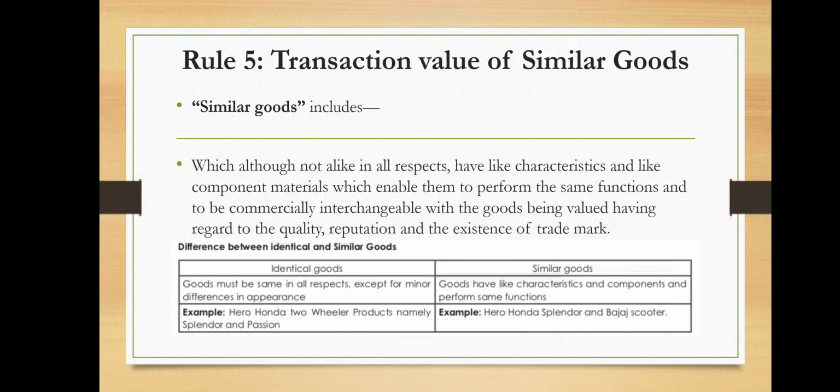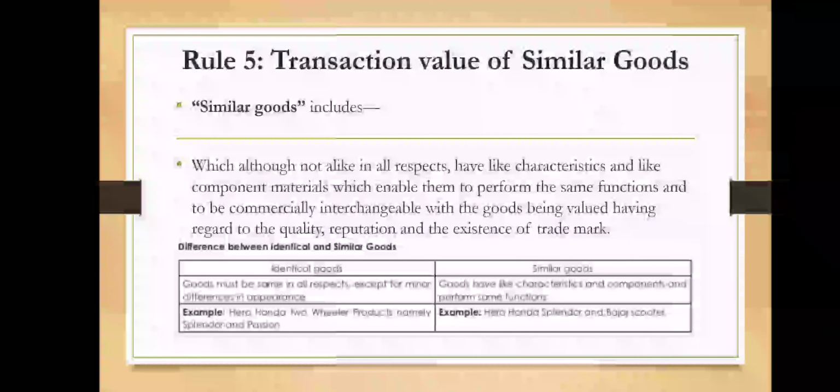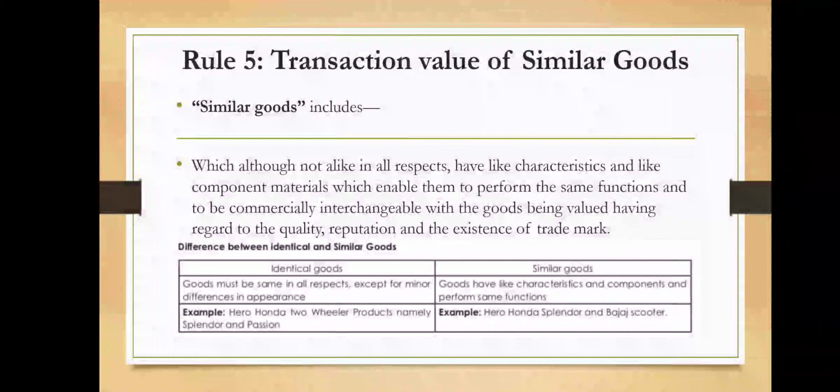of the trademark. In the method of identical goods, they are the same in all respects, like the same manufacturer, same country. But in similar goods, their characteristics are the same.